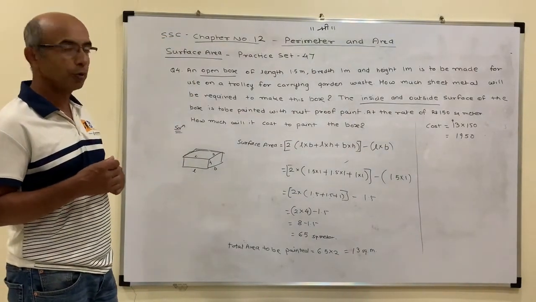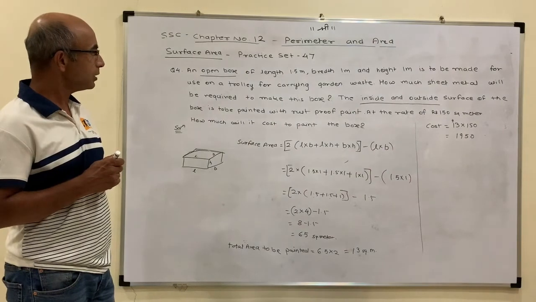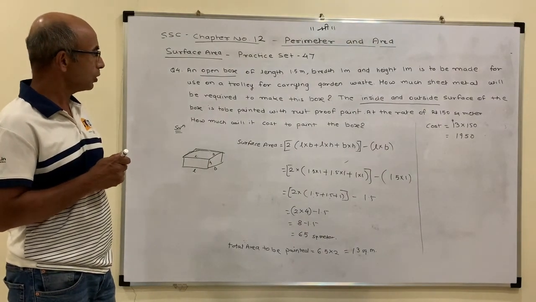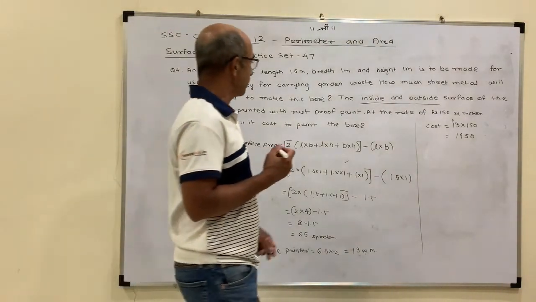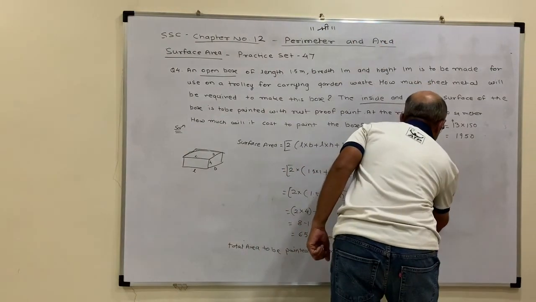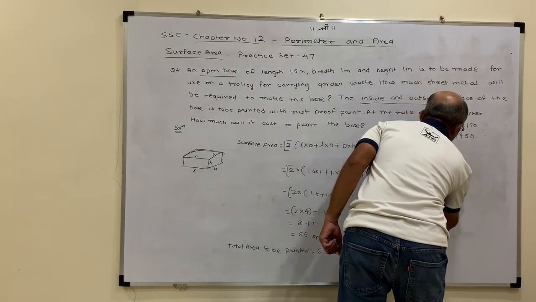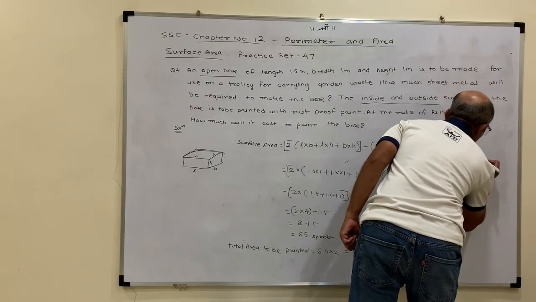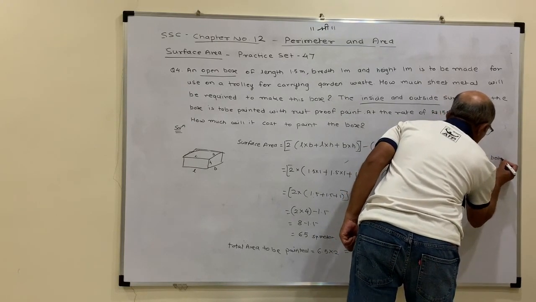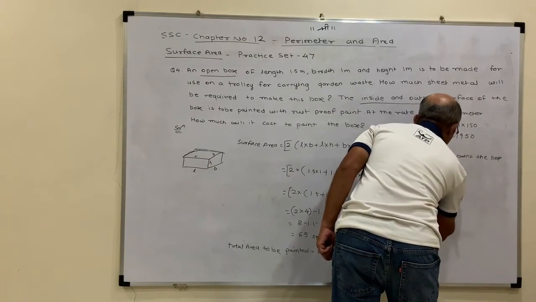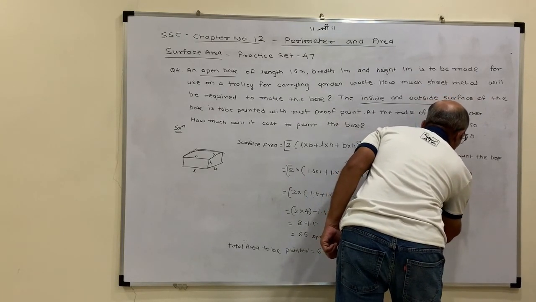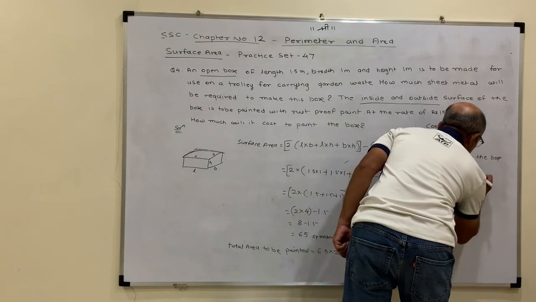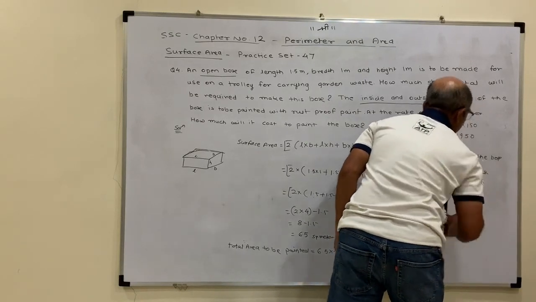So you write it in words. How much will it cost to paint the box? The cost to paint the box is 1950 rupees.